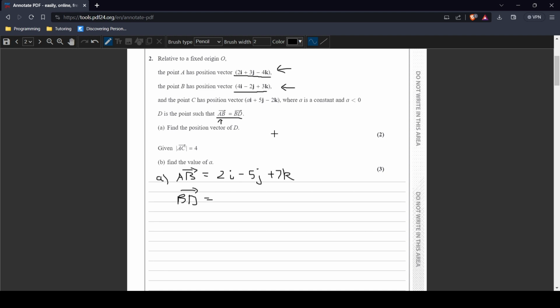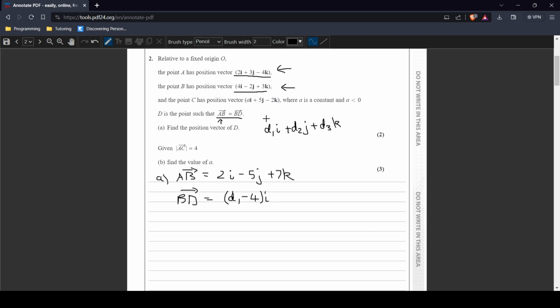Okay, now let's for now call the position vector for D as being D1i plus D2j plus D3k. So we have some letters to work with. So then the vector BD would be the position vector of D minus the position vector of B. So that would be D1 minus 4, lots of i.